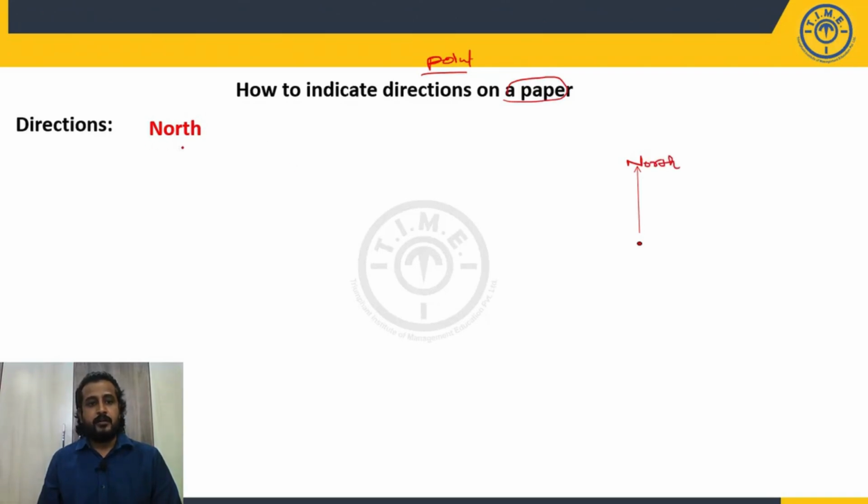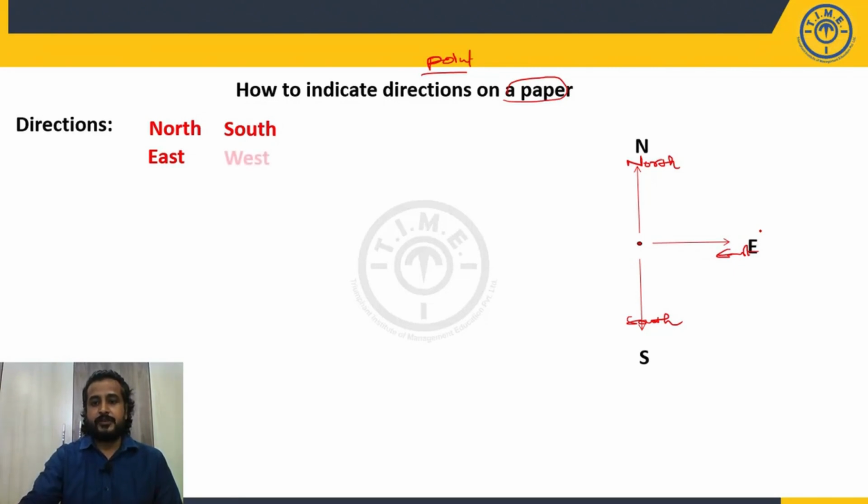On a paper, with respect to a point, upwards is towards north and downwards is towards south. Right hand side is towards east, and left hand side is towards west. So these are the four basic directions that we have: north, east, west and south.